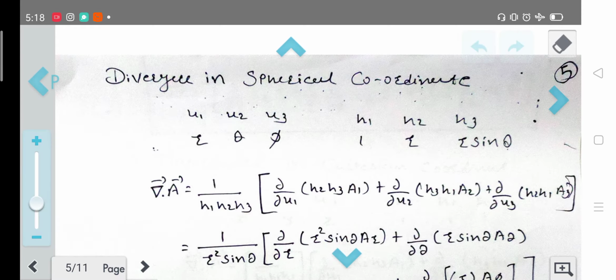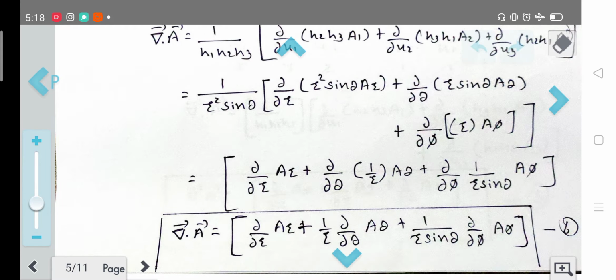So in this particular equation, we know that the value of h1 is 1, the value of h2 is r, and the value of h3 is r sine theta.